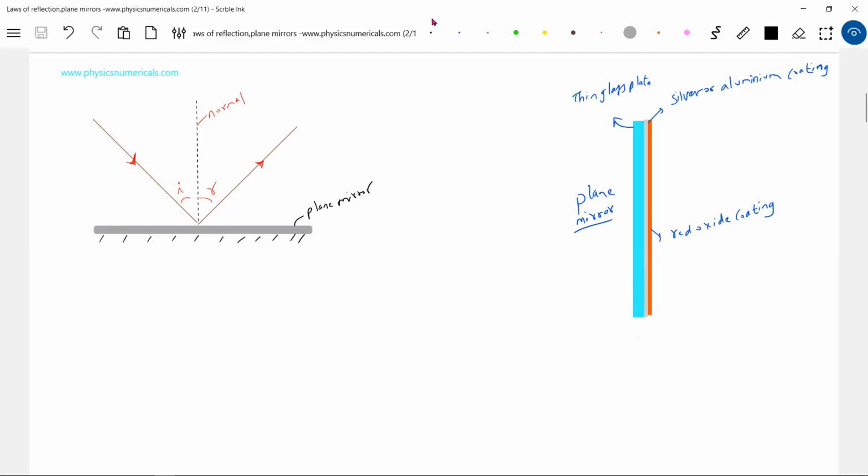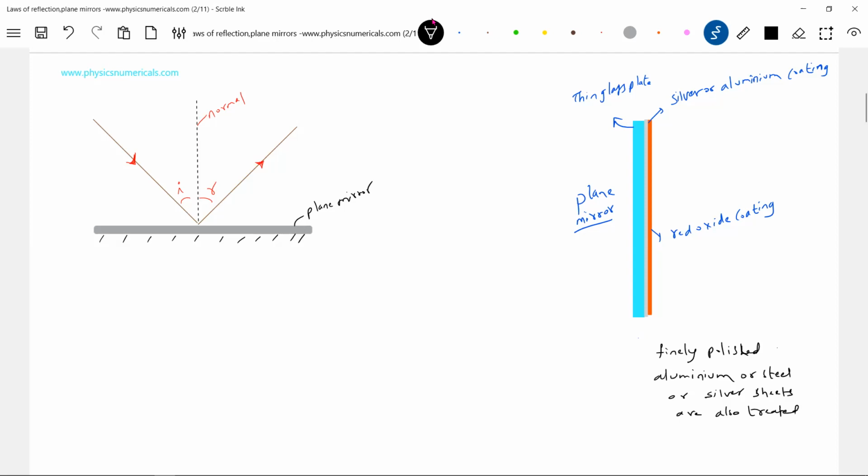Or else what you can do, you can take silver or aluminum and polish it. So instead of this, we can also take metals, finely polished aluminum or steel or silver sheets, which are also used in some applications.